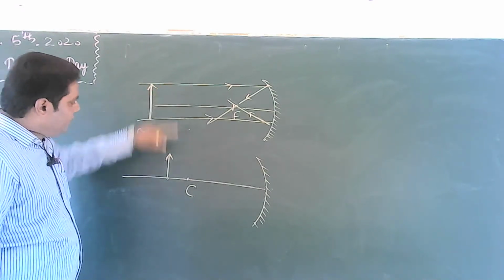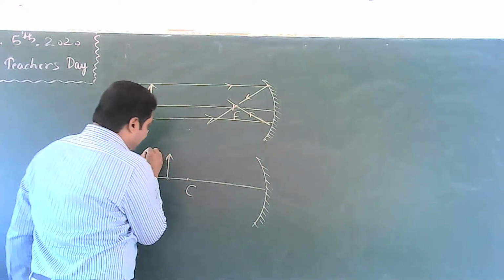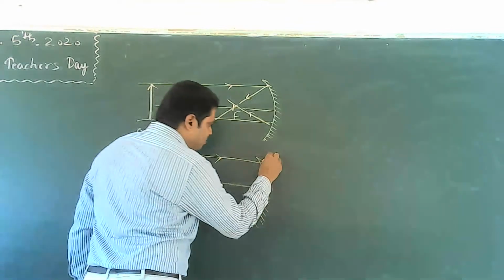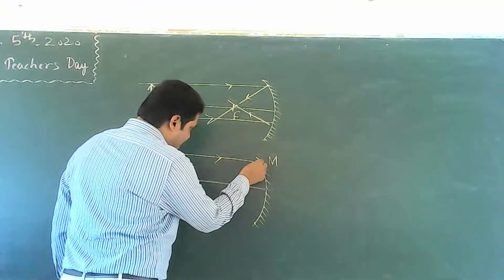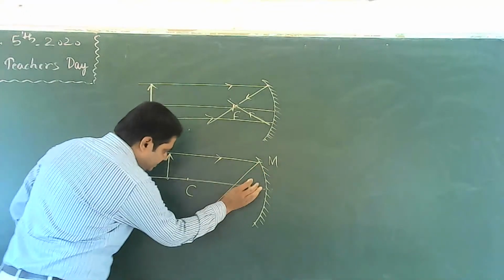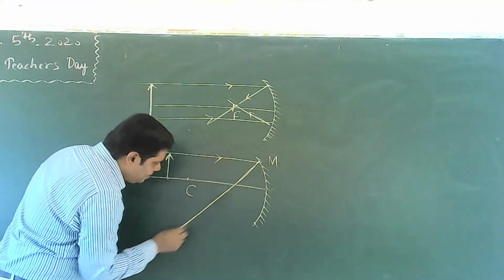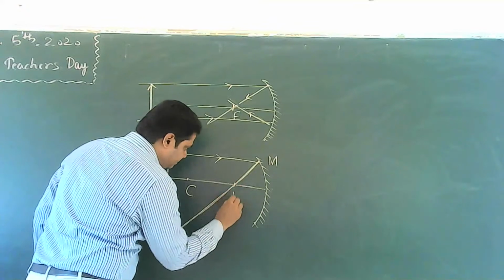Here also we have to consider any 2 rays. A usual ray, which is incident on some point on the concave mirror and passes through the principal focus.